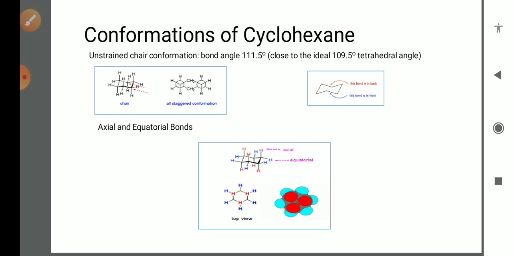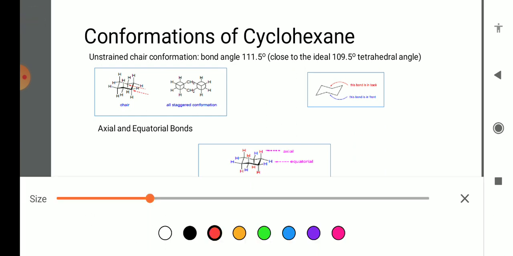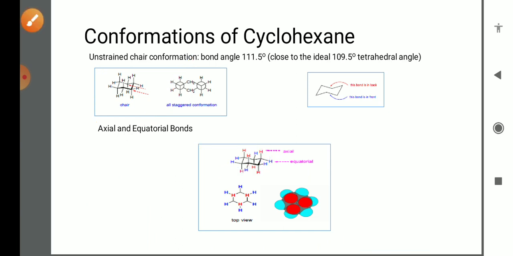So when the atoms are at the equator positions, it is called equatorial, and those types are called axial. So let me see how many atoms are axial and how many are equatorial.